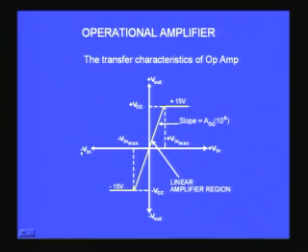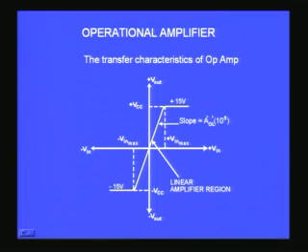Now what is happening? If I give different negative voltages at the input, the output will become minus VCC, minus 15 volts, for all negative voltages beyond some threshold. Similarly, on the plus side, beyond a certain threshold, whatever positive voltage I give will result in plus VCC, 15 volts.